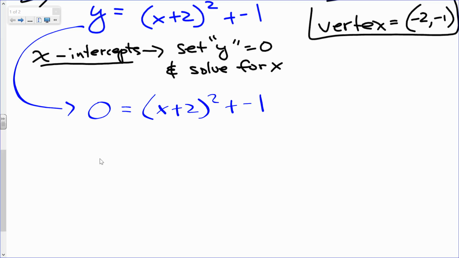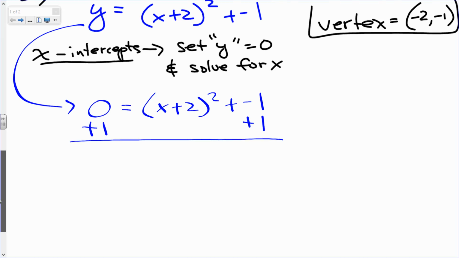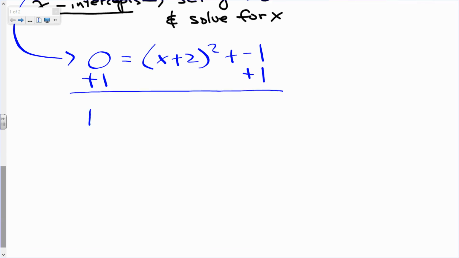Notice the variable's right here, and it's in a binomial squared. Let's start proceeding to get it by itself. So the opposite of adding a negative 1 is I'm going to add a positive 1. Let's get x alone. So I have 1 equaling x plus 2 squared.